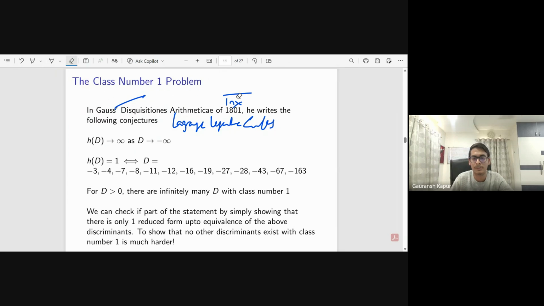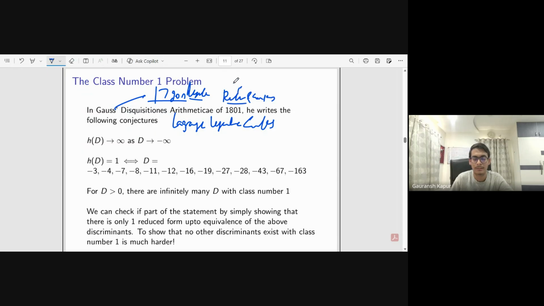And he also showed that the regular 17-gon can be constructed using ruler and compass only. By ruler, I mean a straight edge without any markings.